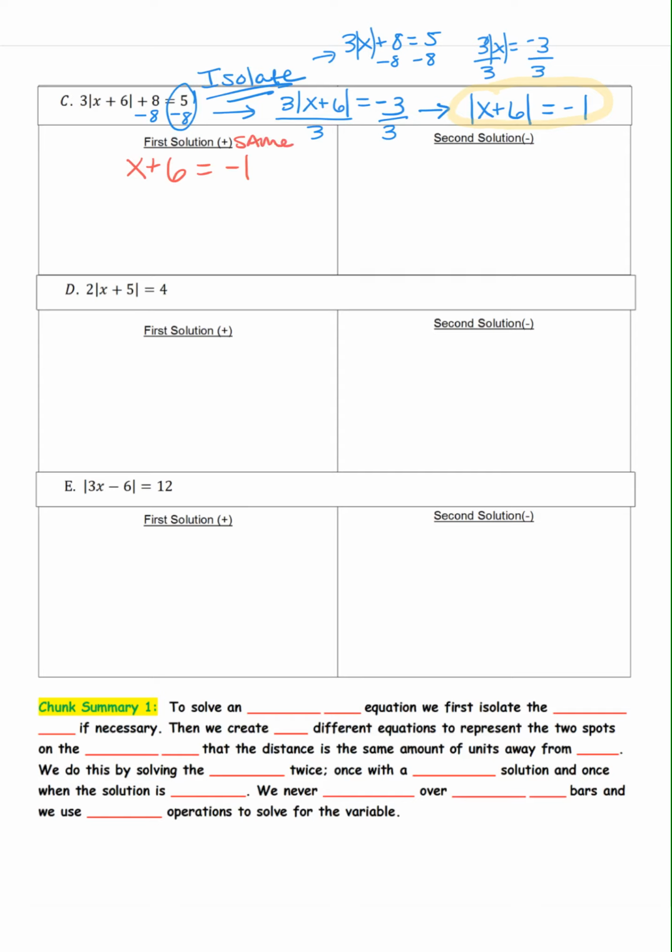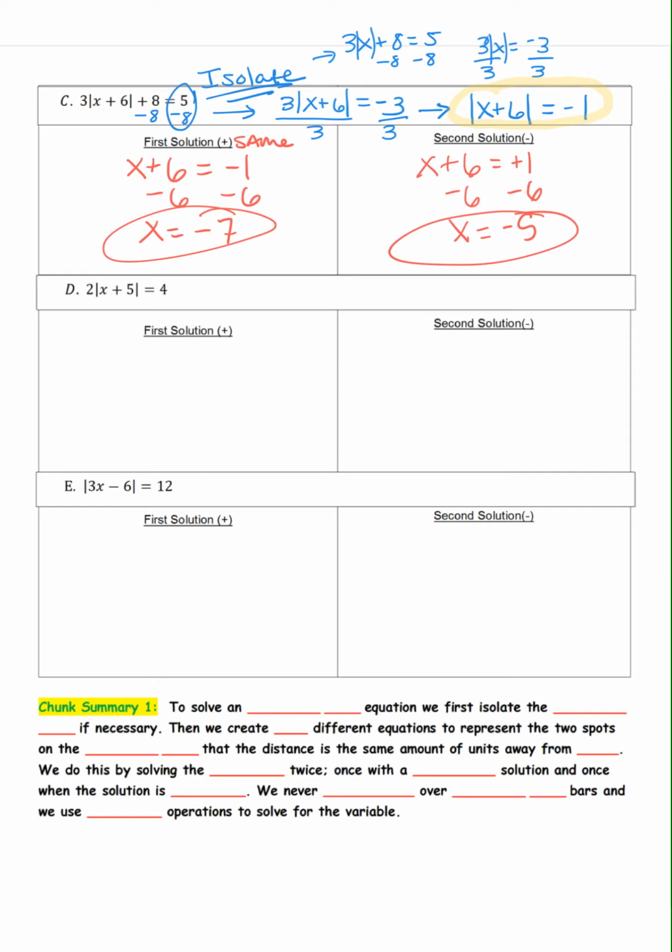And then the opposite: x plus 6 equals positive 1. And now I'm going to subtract 6 on the left. And I get x equals negative 7 as my first answer. And on the right, subtract 6, and x equals negative 5 as my second answer.